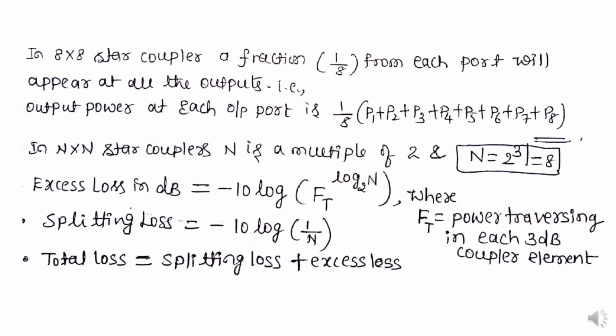So this Ft gives how much power is traversing in each 3 dB coupler element. Of course we will have some losses. Splitting loss is given by minus 10 log of 1 by n. Therefore total loss we can get as splitting loss plus excess loss for an n cross n star coupler.